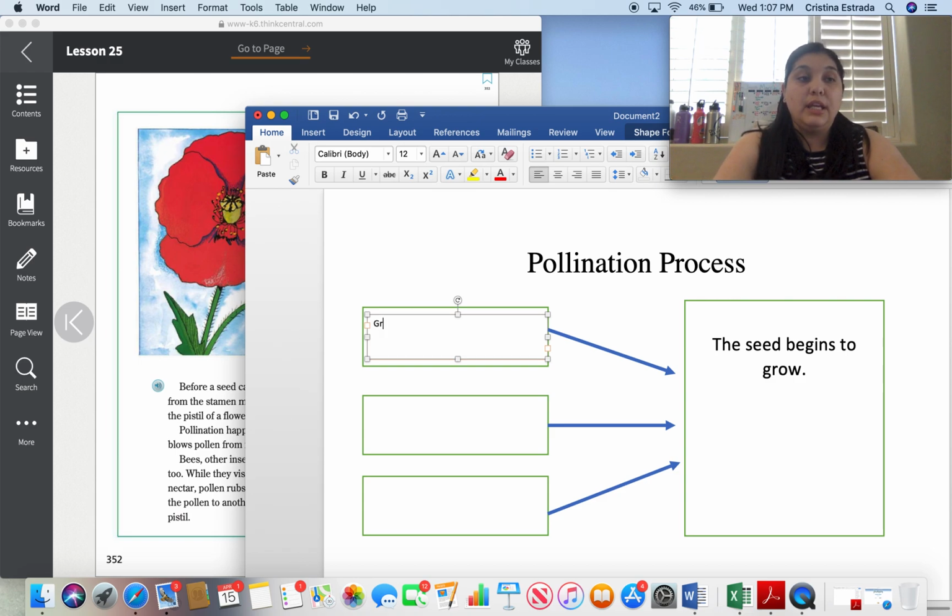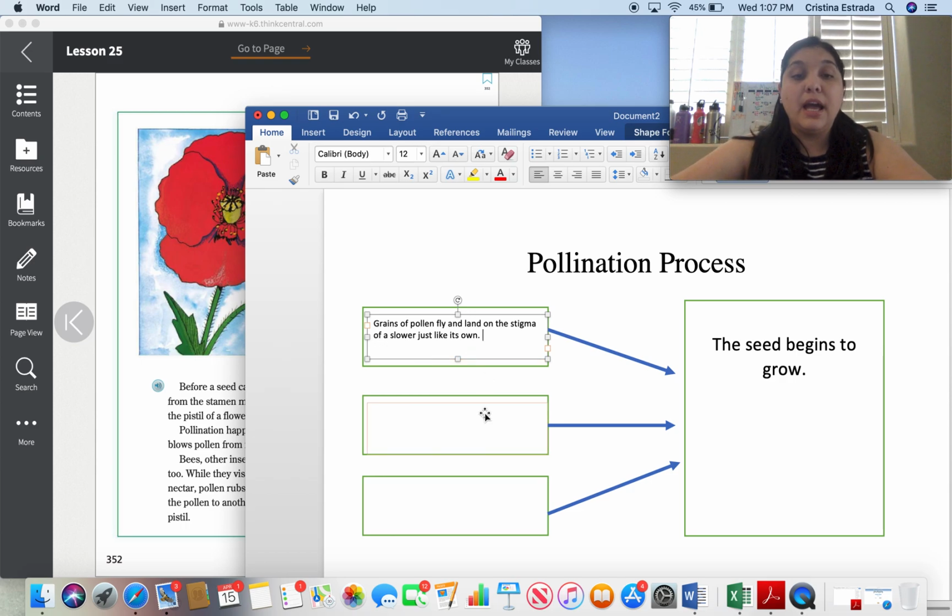So grains of pollen fly and land on the stigma of a flower just like its own.